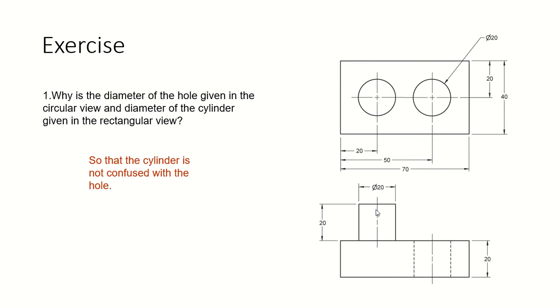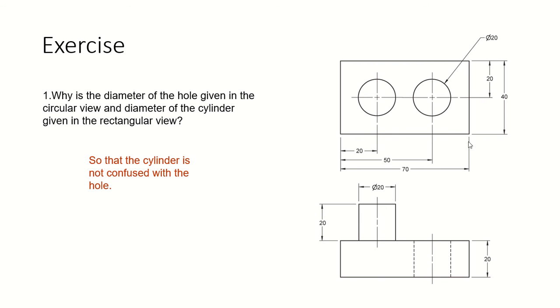So for the cylinder, you have already drawn a cylinder because your sheet said to draw a cylinder, and so you start dimensioning. In your top view you have a circle, so you will use the circular view for showing the dimension of the hole. You're going to use the rectangular view to show the cylinder diameter.